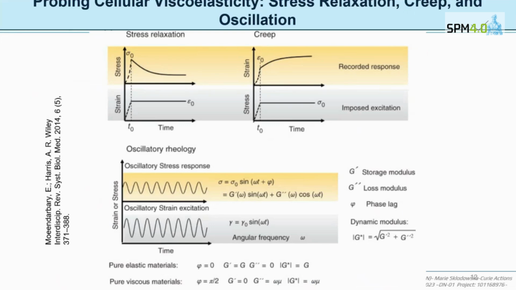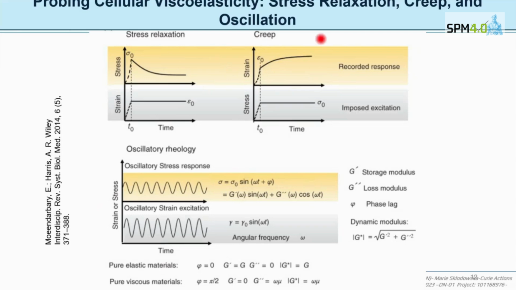So how to obtain the information about the viscoelastic properties of the object? There are three techniques. In the first case, we impose constant strain and observe relaxation of the material.